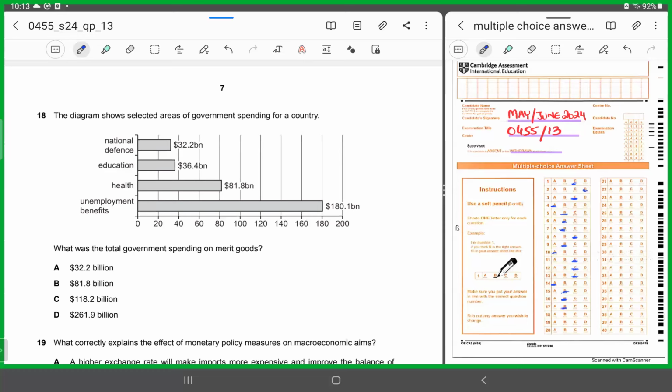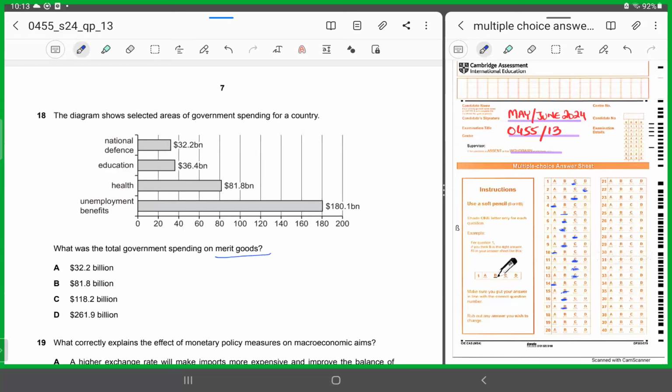Now, they're asking, what was the total government spending on merit goods? Before we look at the options, recall by definition, what do we mean by merit goods? Merit goods are products which are more beneficial to consumers than they themselves realize. And so they will be underconsumed if they are left to market forces, remember?